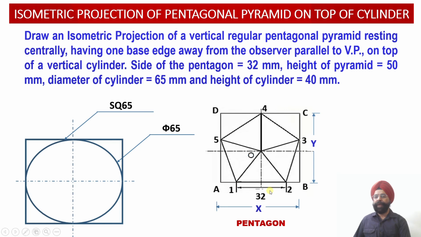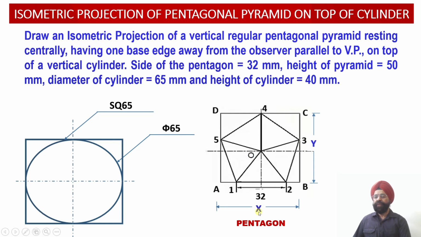Now once we complete this construction of the pentagon having the edge 32 millimeters, next we have to inscribe this pentagon into a rectangle, and once we are able to obtain this rectangle, we will find out that there is a longer edge AB of this rectangle and a shorter edge BC of this rectangle, and this longer edge will be given the name dimension X. Similarly, this shorter edge of this rectangle will be named as edge Y over here.